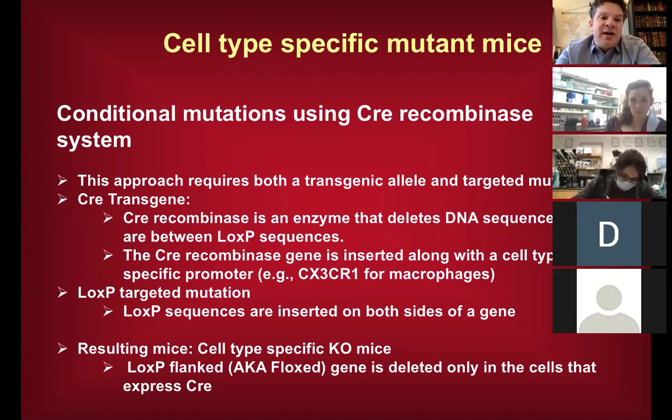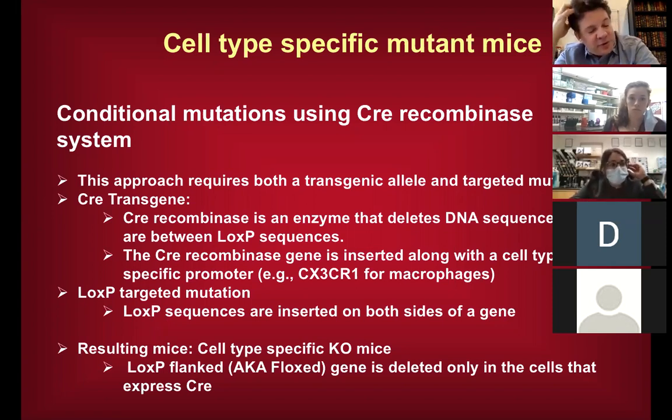The reason you would do that and not do it the other way I just showed you is because what if your interaction is important for development, right? If that's important, you want to make the mutation or change in adulthood, so you'd use a Cre-ER type of design. The other thing you can do with these is use viruses.